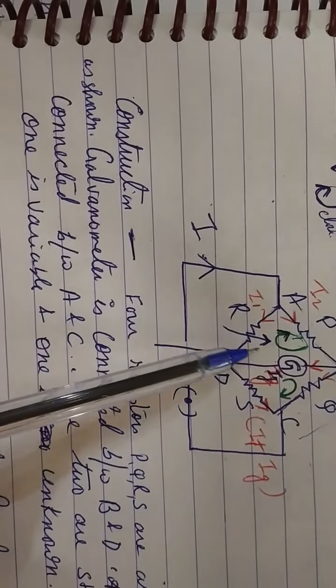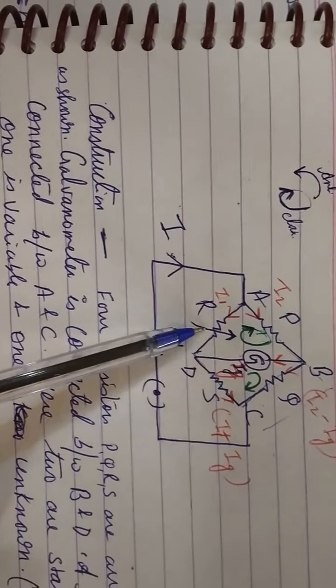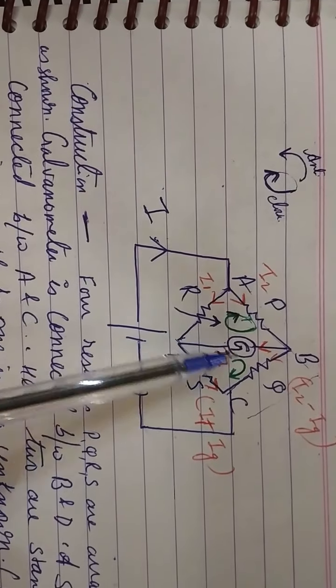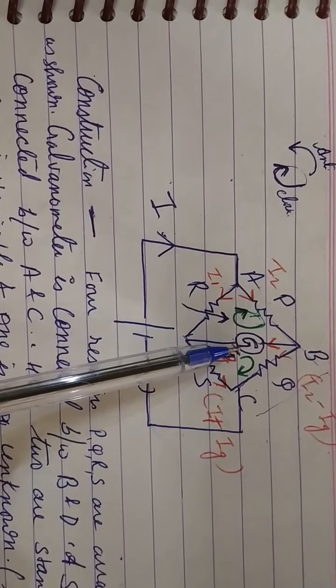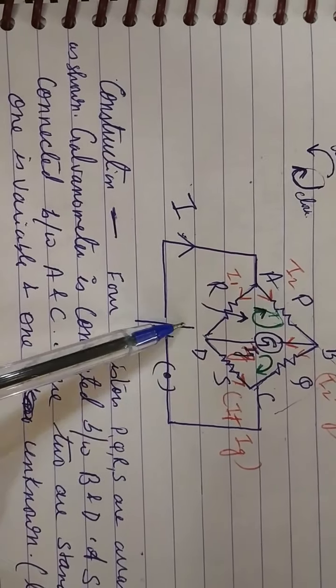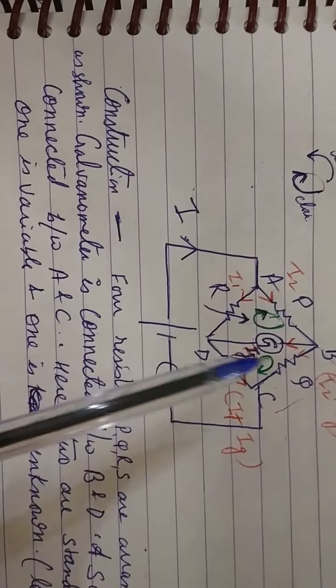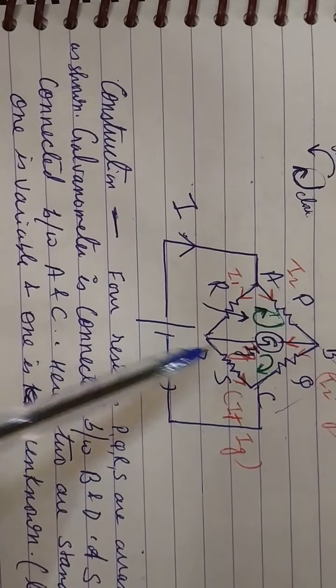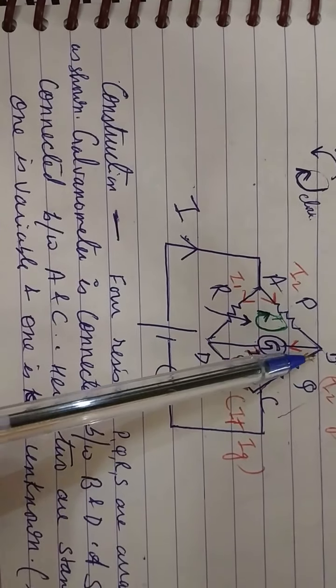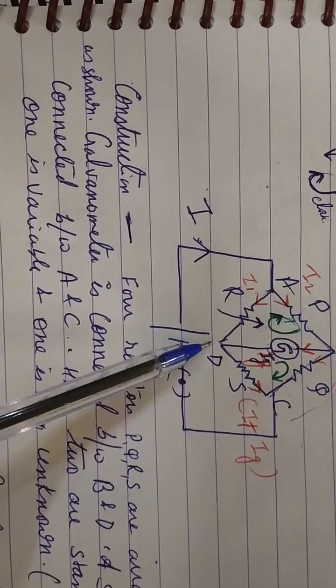So we will adjust this variable resistance such that the galvanometer shows no deflection. When the galvanometer shows no deflection, it means no current is flowing. No current means the potential of B and D becomes the same. Only then will the current not flow here.